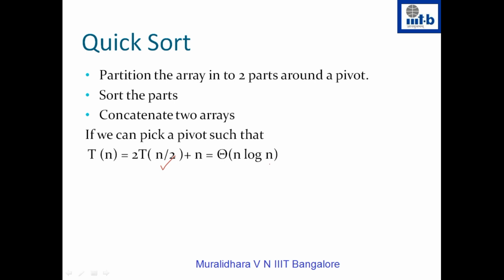So we can use that algorithm to find the pivot and then partition. Since finding such a pivot is going to take order n, and the partition function also takes order n, we are going to get the equation T of n is equal to 2 into T of n by 2 plus theta of n, and the solution to this recurrence will be theta of n log n. So we are going to see that in the next few videos.